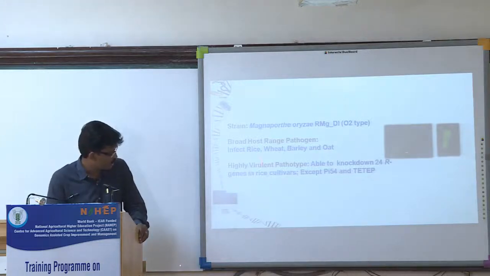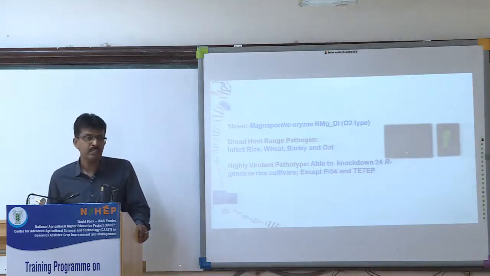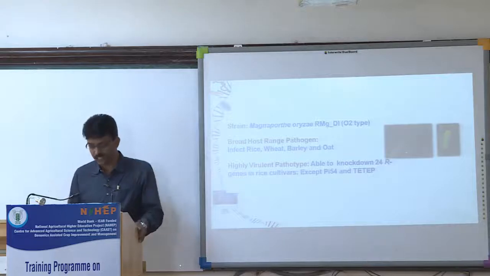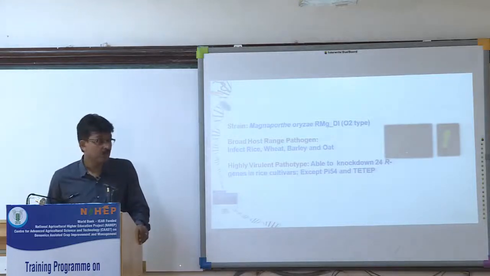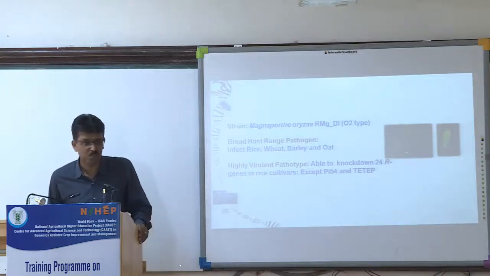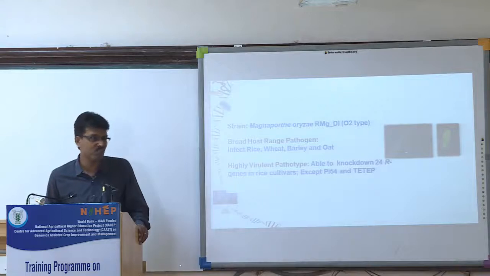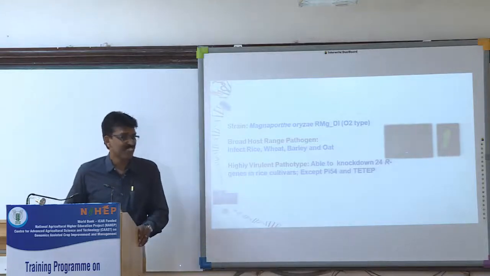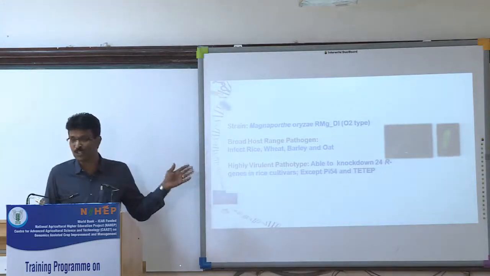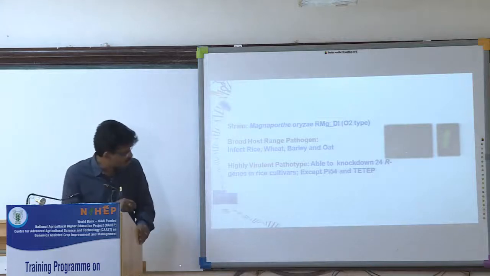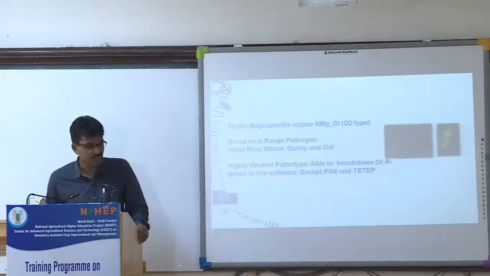That is already highlighted here, and it is a very highly virulent pathotype. At that particular time point, it was able to knock down 24 R genes known to us. So we can see the potential of this strain. That means those R genes become ineffective in the presence of this particular strain, right? Except, of course, two: one is Pi54 and another one is Tetep.